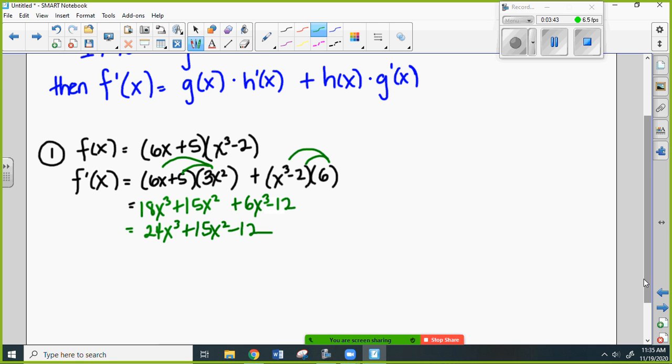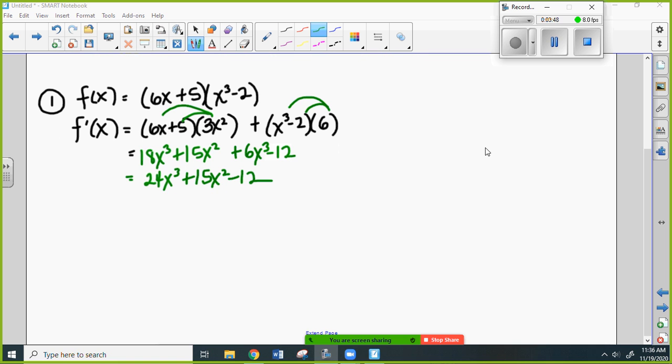Any follow-up questions to that? Yeah, you do need to simplify these. I think in Delta Math, sometimes it says it doesn't matter, you can put it in any form, but I feel like you need to practice simplifying them.